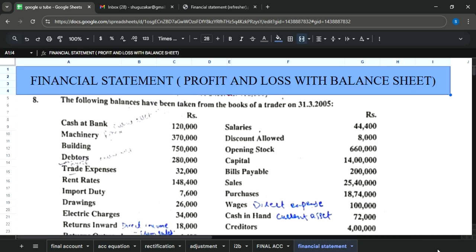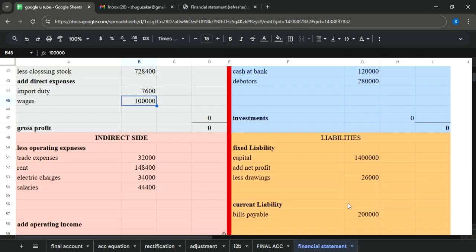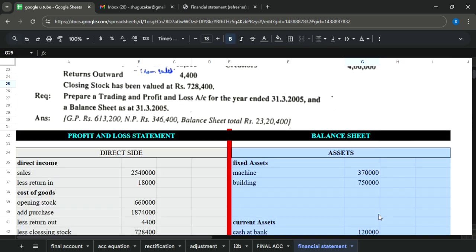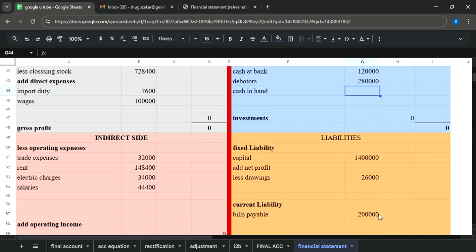After wages we have cash in hand, which is your current asset. You will come over here. This is your current asset, cash in hand, and the amount is 72,000. So here you will put 72,000.